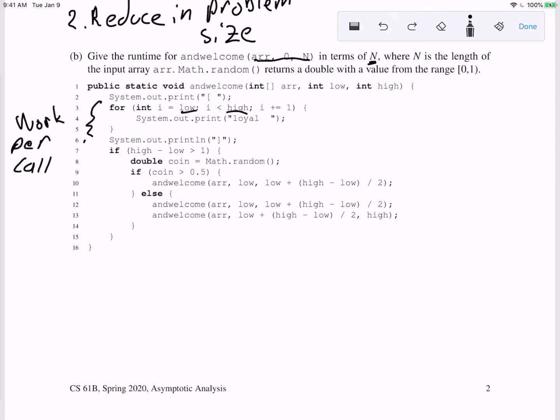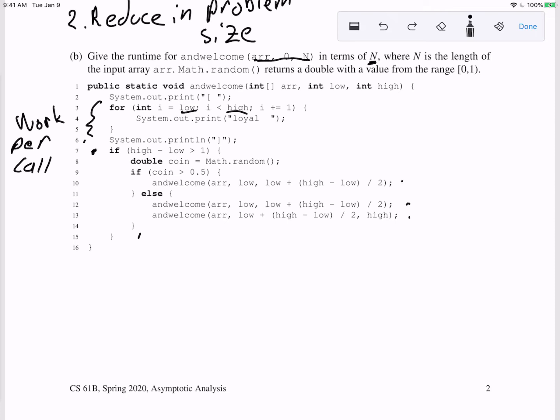And then, if you look ahead to these 3 recursive calls, this is basically a base case. If high minus low is not greater than 1, then we've come to the end of our work, and that's because high and low start off as n and 0 respectively, and each recursive call, lines 10 and 12 and 13, brings low and high even closer together.